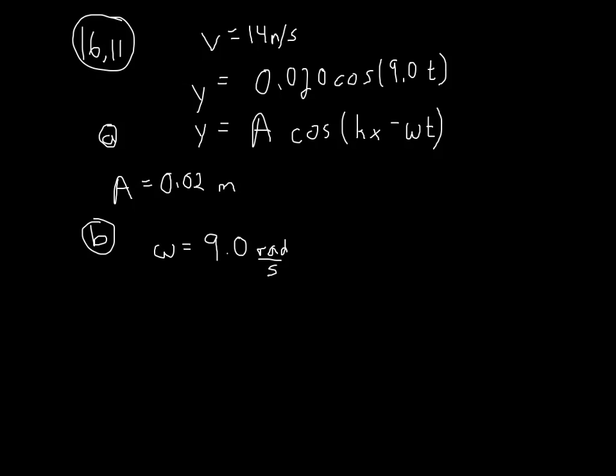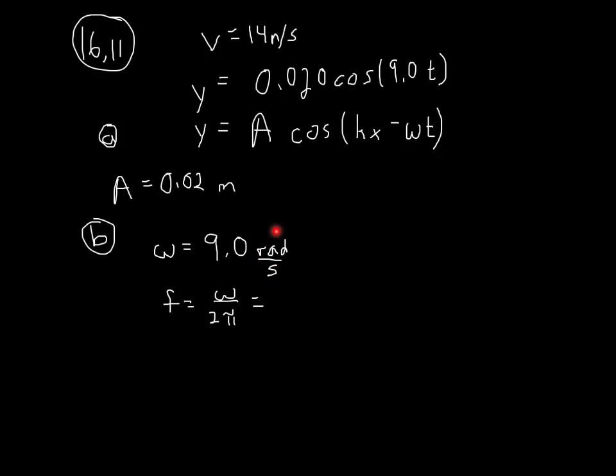I need to get that omega into just a plain frequency. We're not asked to find the angular frequency, we want the regular frequency. So I need to remember that frequency is equal to omega over 2 pi. And you can think about this in terms of the units that you need to cancel out. Regular frequency is just 1 over seconds, hertz. My angular frequency is radians per second.